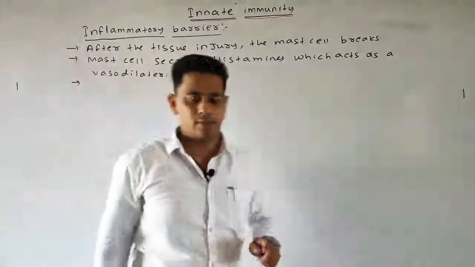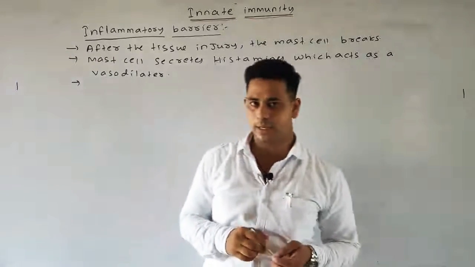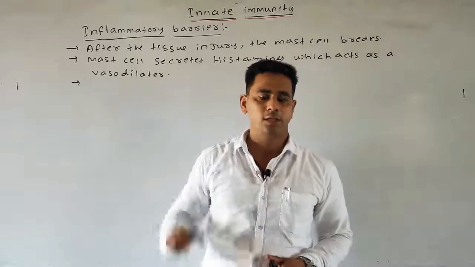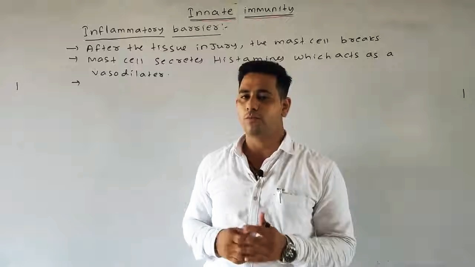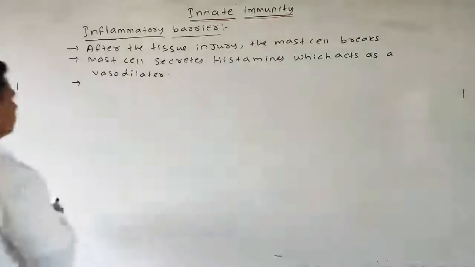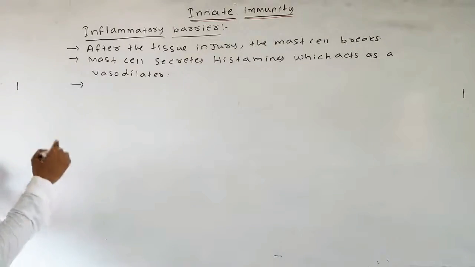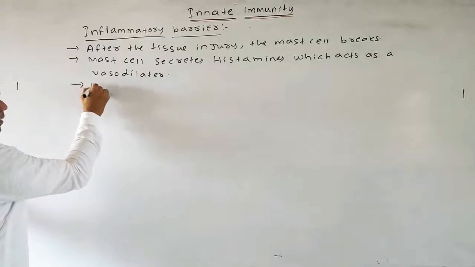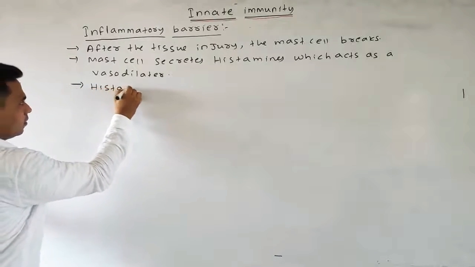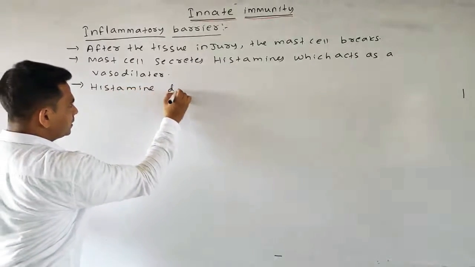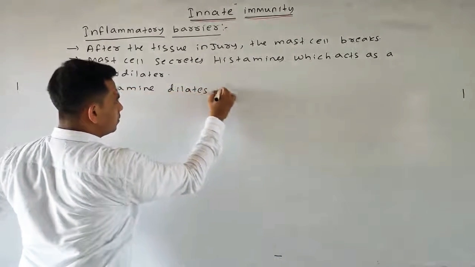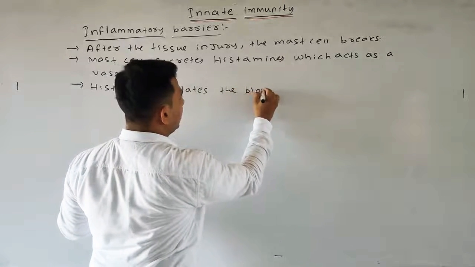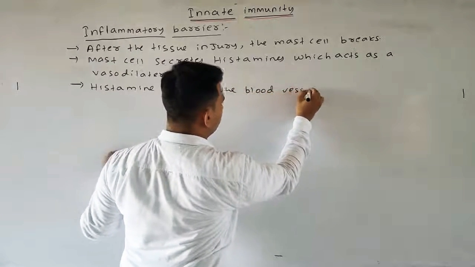As it acts as the vasodilator, histamine dilates the blood vessels, by which the blood flow increases. Histamine dilates the blood vessels.